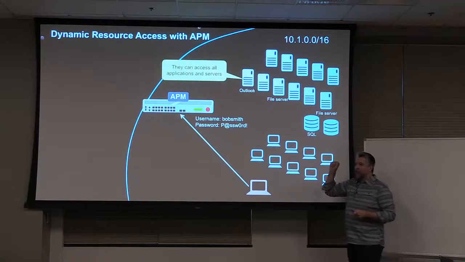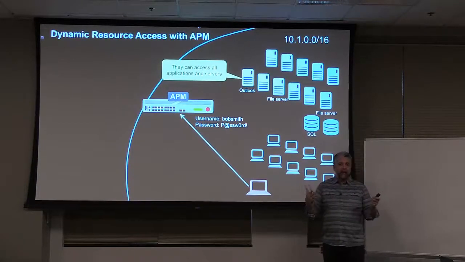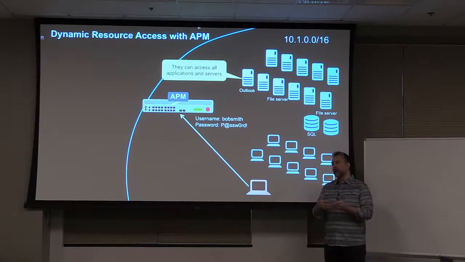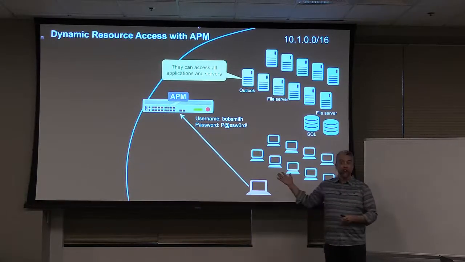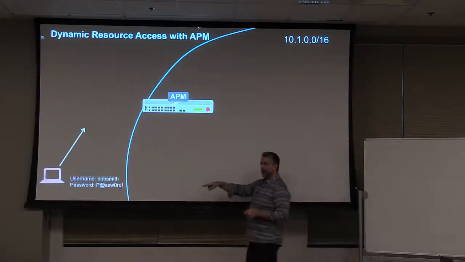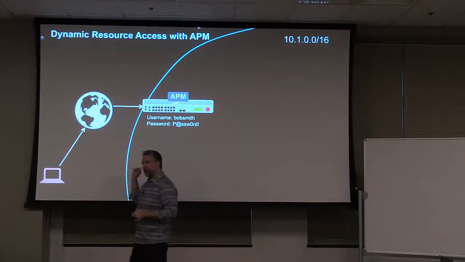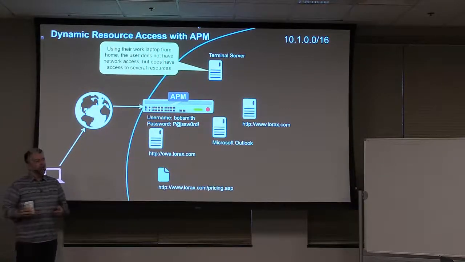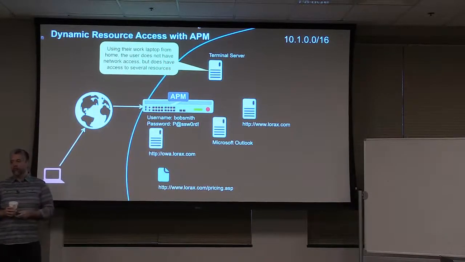No. Just because I have network access doesn't mean I can do whatever I want on the network. I can only do what I inherently could already do. But that's the key, is I can do pretty much whatever I could have done if I wasn't going through the VPN. Then I take my laptop home with me and I connect to my VPN from home, same username, same password, but I find that I don't have network access anymore, so I can't access my file shares.